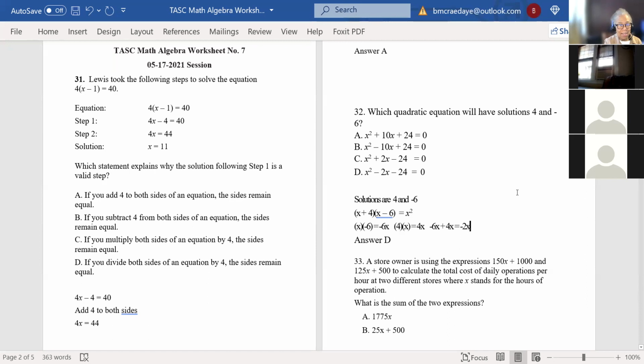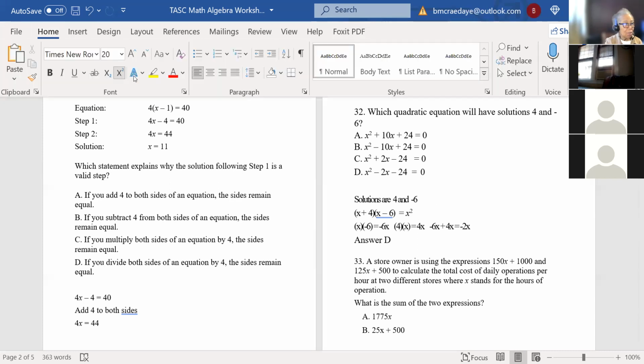That's why it's D, because x times x is x to the second, like you said. And then x times minus 6 is minus 6x, and 4 times x is 4x. Then when you combine those, you get a minus 2x. So now you've got your x squared and minus 2x.